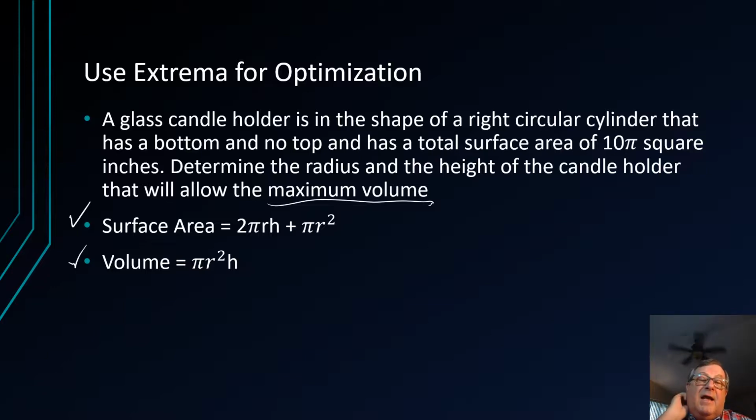Now, in looking at that, I don't know the radius or the height. I do know that the surface area is 10 pi, and that's square inches, but I'm not going to write that right now. And so, okay, what am I going to do? Because in both of these formulas, in order to solve this, I'm going to need to know the radius and the height.